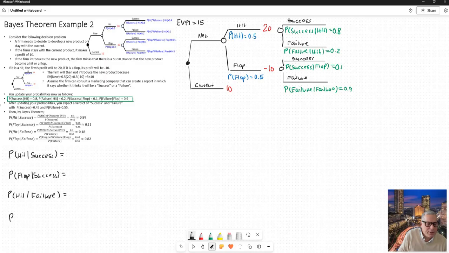And likewise, what's the new probability of a flop given that the marketing company says failure? So you think your initial probability of a flop was 0.5, but now the marketing company tells you it will be a failure. That probably increases the probability of a flop.